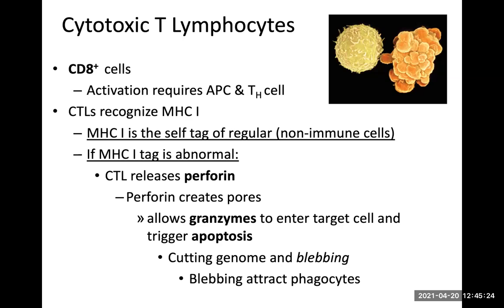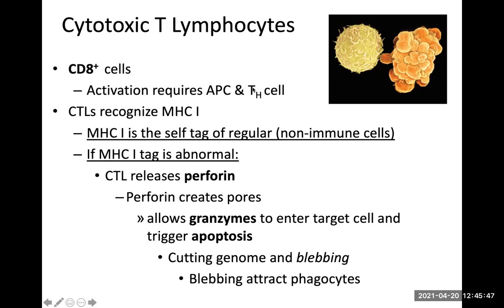Again, they are the cytotoxic T cells, sometimes abbreviated CTLs, cytotoxic T lymphocytes. Other times you might see abbreviated TC for cytotoxic T cell, or you might just see it referred to as CD8 cell. Unfortunately, all of those are used interchangeably.